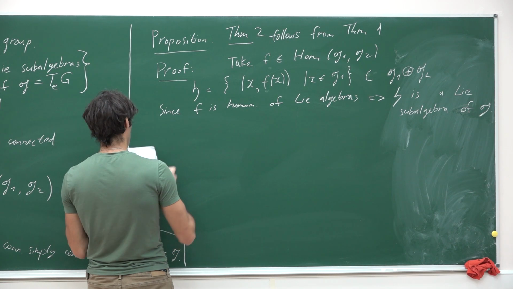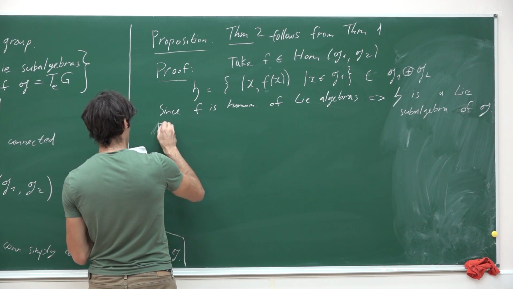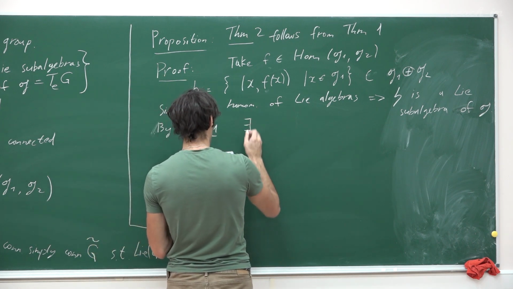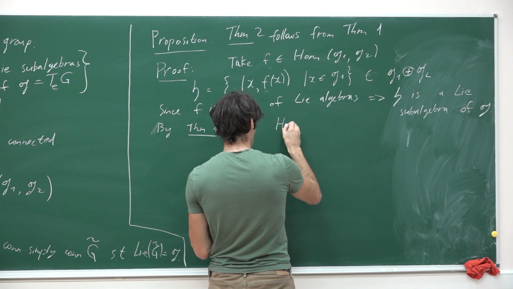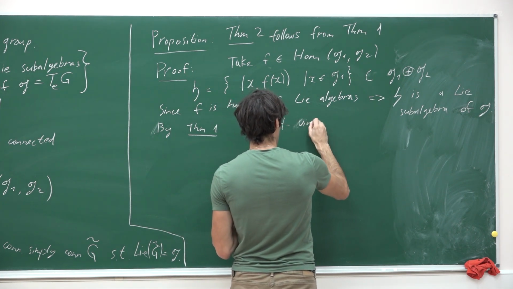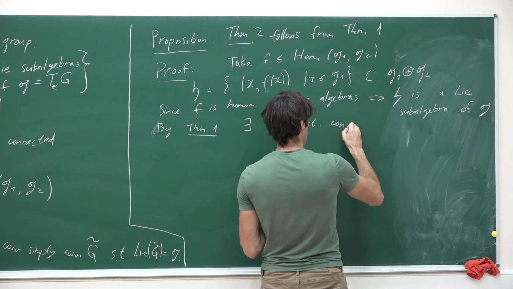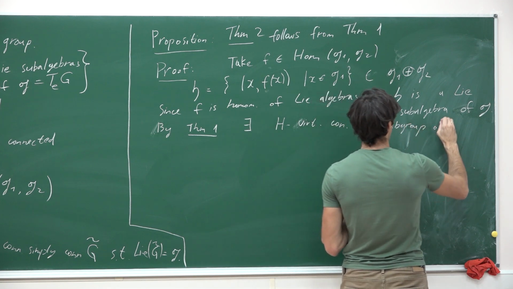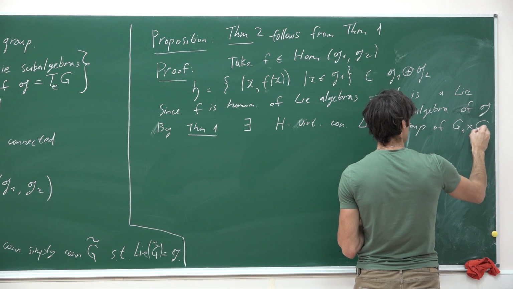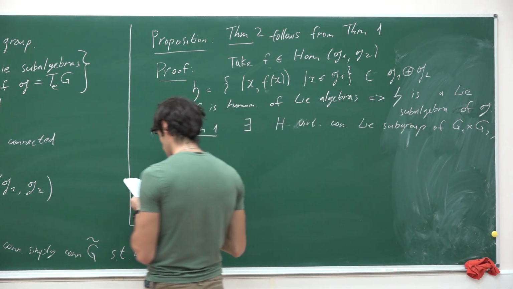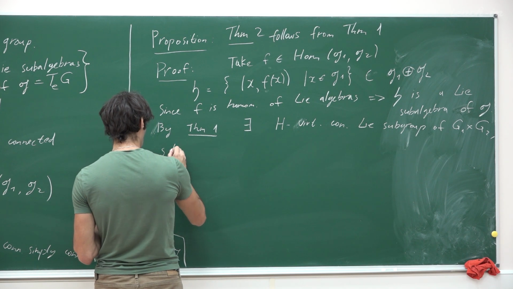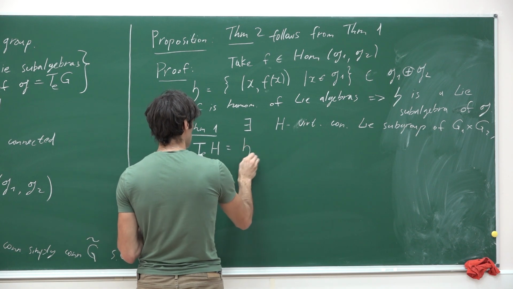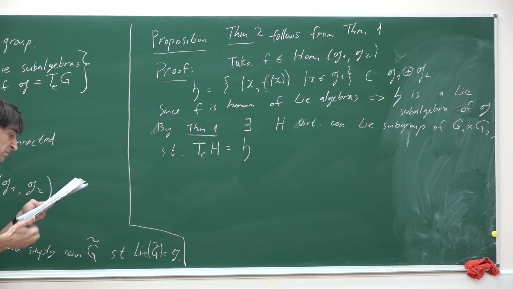So by theorem 1 there exists a virtual connected Lie subgroup H of G1 times G2 such that the Lie subalgebra of H is H.